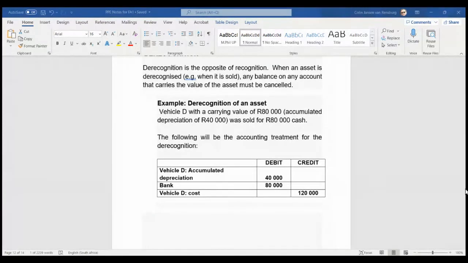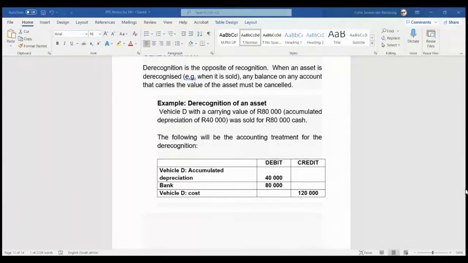As it stands before we dispose of it, does the vehicle D cost account have a debit balance or does it have a credit balance? Debit, because it's an asset. Thank you very much. Right. Debit, you're all spot on, 100% correct. It has a debit balance.